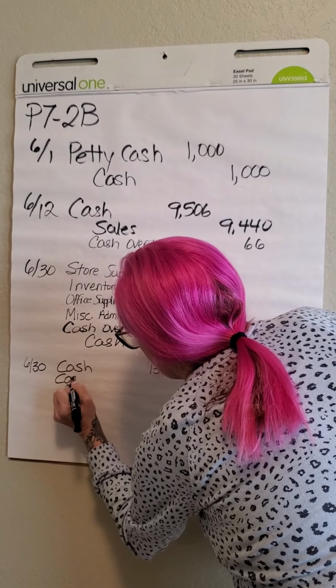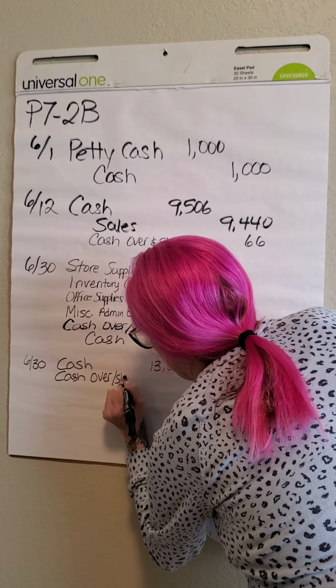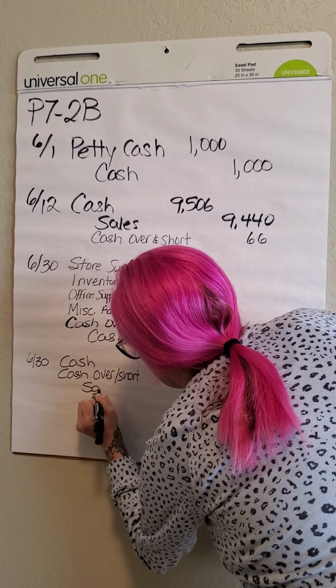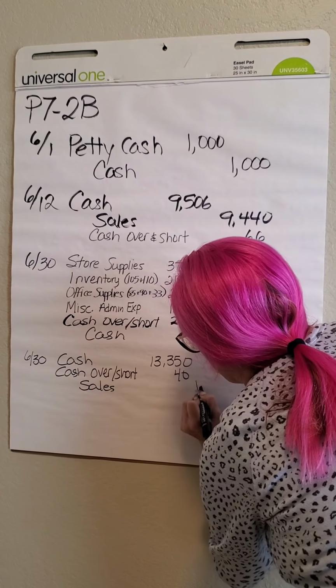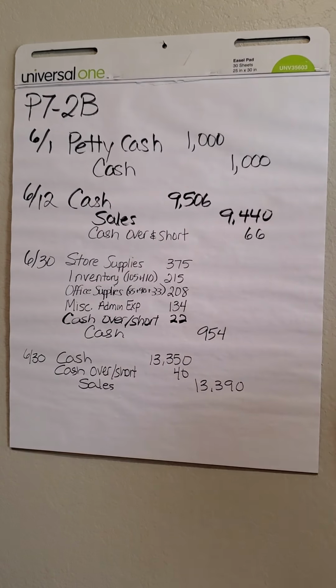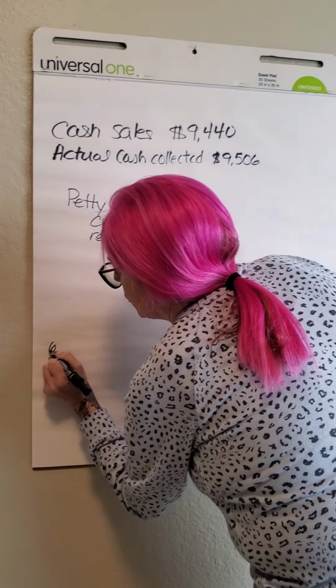We're going to debit cash over and short for the short amount, which was $40. And we're going to credit sales for the full amount, which is $13,390.